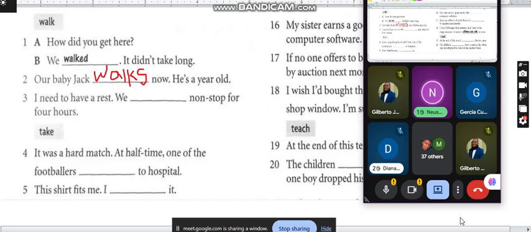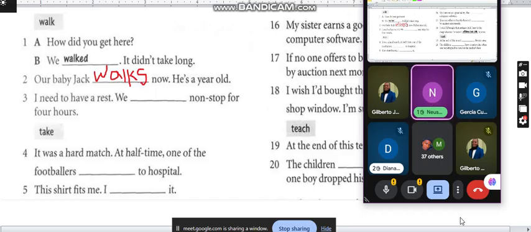Good afternoon, Elijah. Good afternoon, colleagues. In that case, we say have been working. Okay, so what is the tense and what is the justification that you have? In that case, we have present perfect continuous.